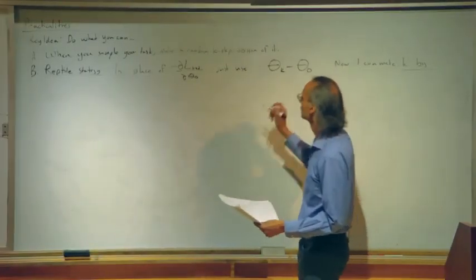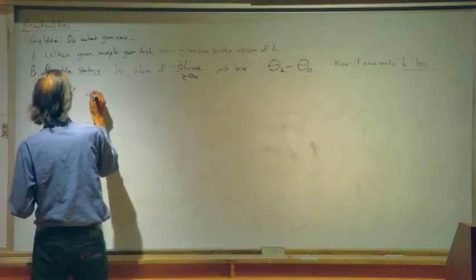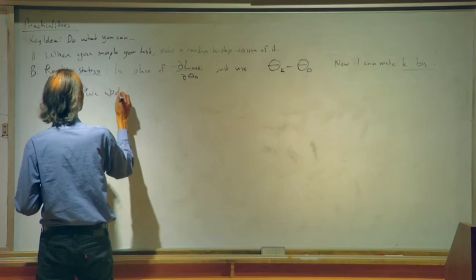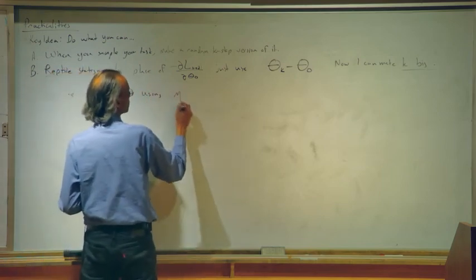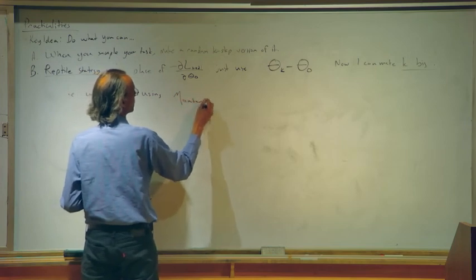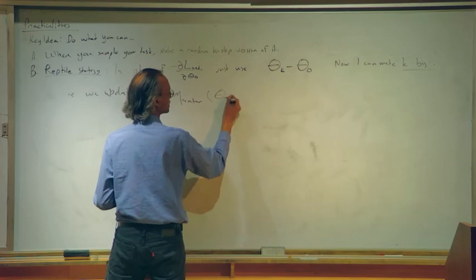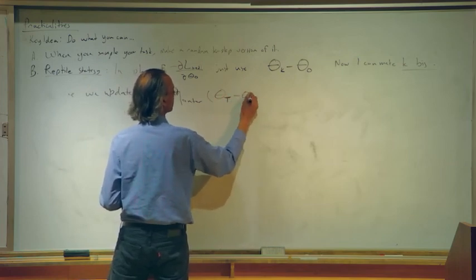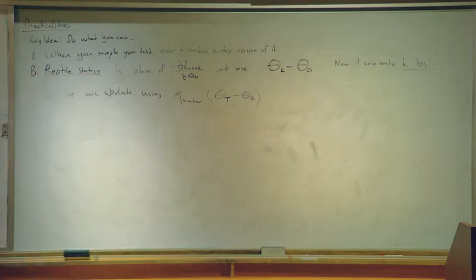So what this means is we update using some learning rate times, I'll use t for something bigger. So the picture for Reptile looks like this.